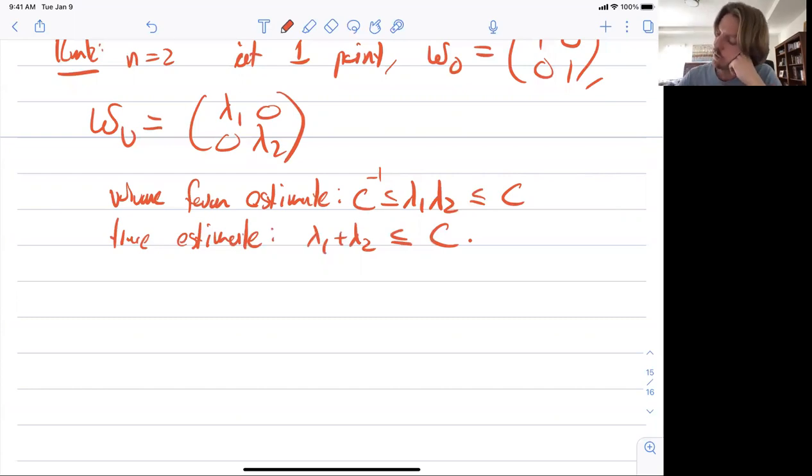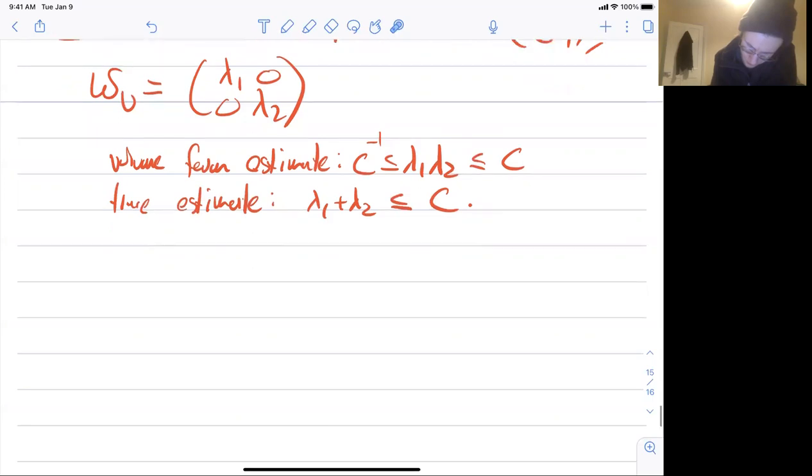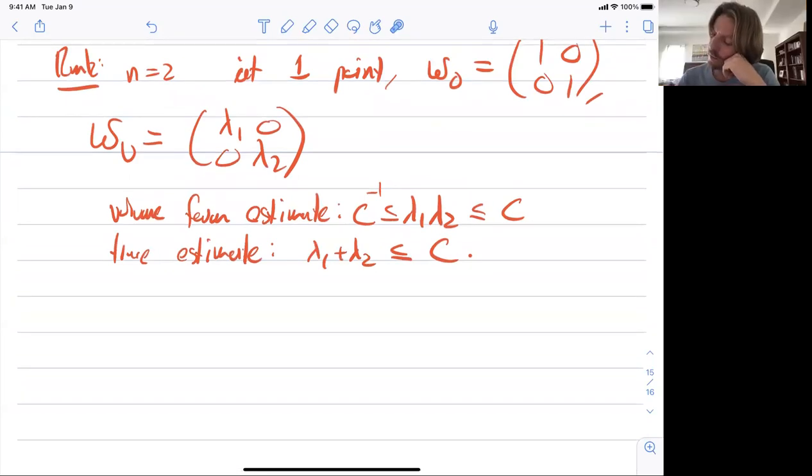So it's very easy, in an elementary way, to combine these two things to get that lambda 1 and lambda 2 are both also bounded below, because they're both positive as well.